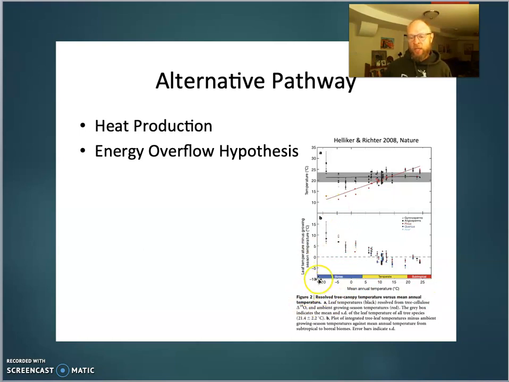And so these colder places tend to have leaf temperatures that are quite similar to trees and plants that are growing in really hot places. And so part of the reason these plants growing in these cold places can have a relatively warm leaf temperature is potentially from this alternative pathway producing some extra heat.